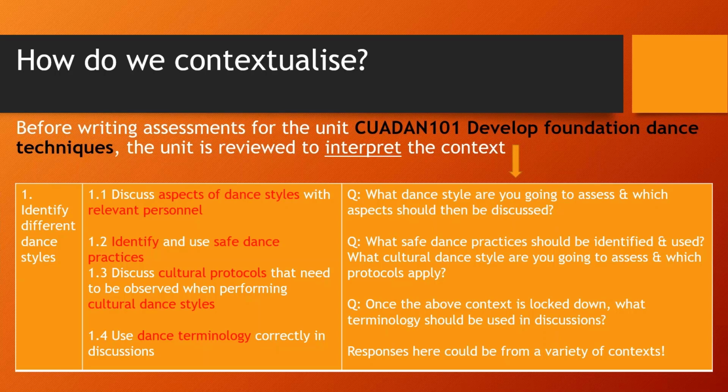So it really is about pulling apart the unit of competency to picture it happening in the workplace, the particular workplace that you want it to happen in. So when it's something that's very vague by just saying dance styles and not specifying what that is, you as the person writing the assessment tool can make the decision as to what dance style you choose, unless the unit says it must be this one, and this one. So in which case you would have to follow it based on the instructions in the actual unit itself.